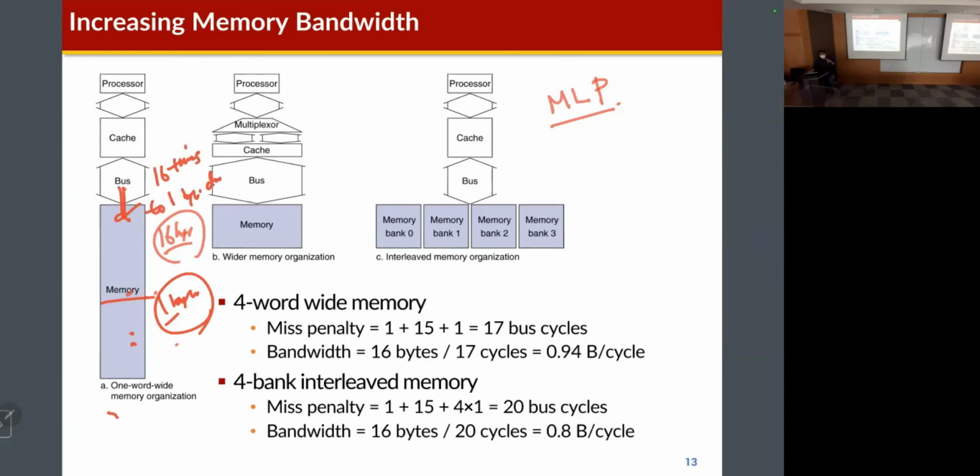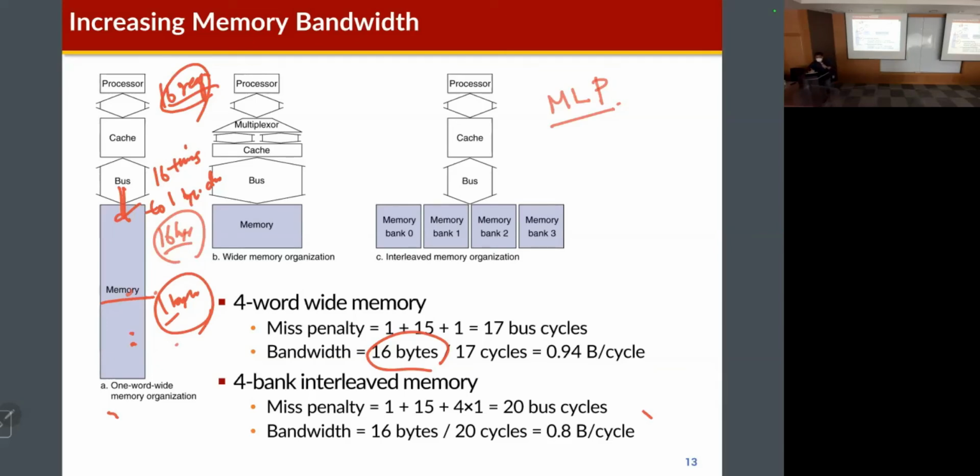So what's the problem? In order to read the 16 bytes, we need to consume 16 requests. And I also mentioned that the memory speed is slower than the processor speed.